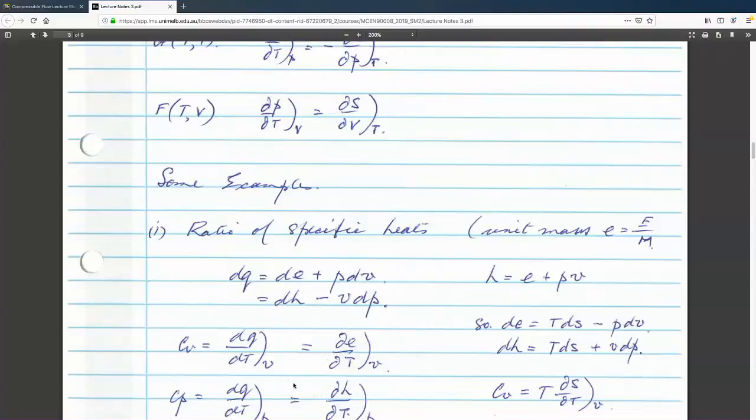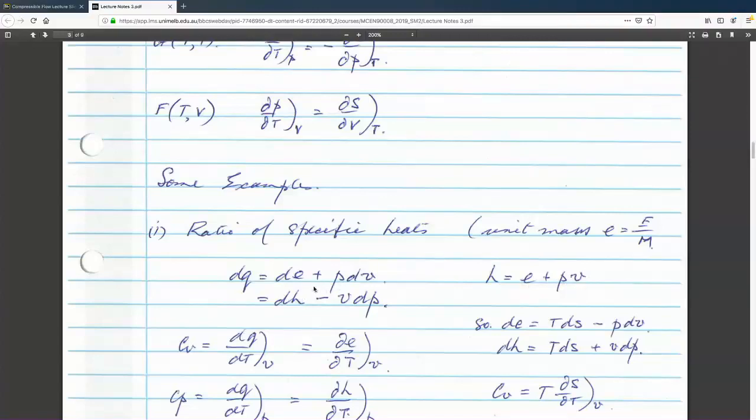So if I do it at constant pressure, remember that the enthalpy, by definition, is E plus PV. So dH is dE plus pdV plus VdP.